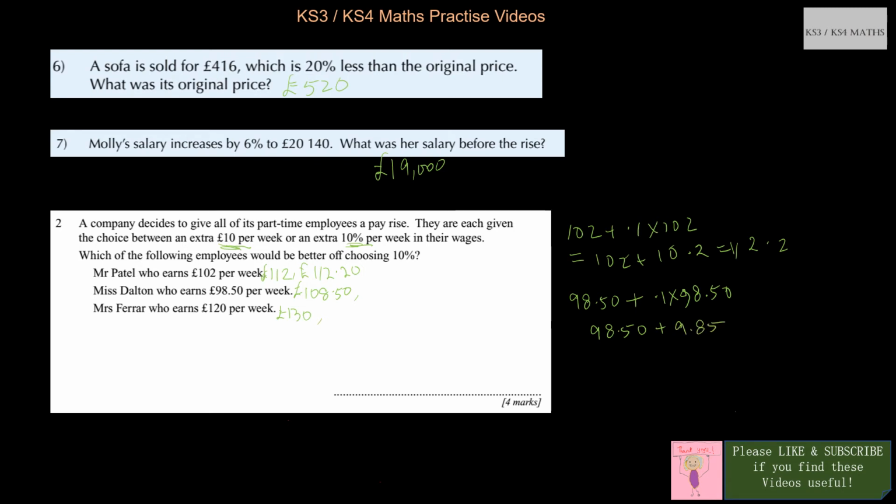Okay, so that would be 5, 8 and 5 is 13, and 1 and 9 is 10, and 8 is 18, 8 and 1 and 9 is 108.35. So Mr. Dalton is not better off. It's 108.35.